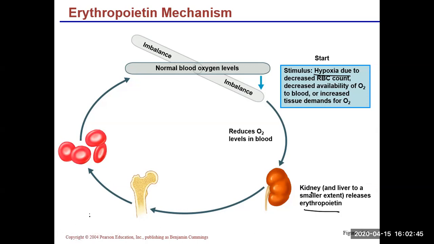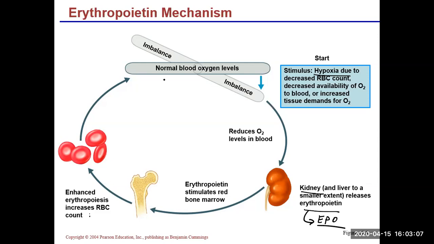For our case, just remember it as kidney, EPO, the abbreviation for erythropoietin. And now erythropoietin stimulates the red bone marrow, and as a result, erythropoiesis increases the red blood cell count, and you get back to normal. Now you have the ability to carry more oxygen.